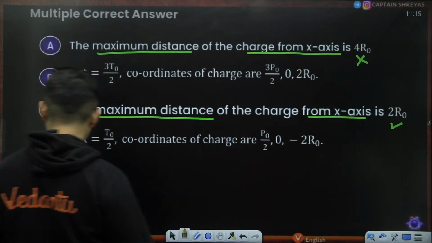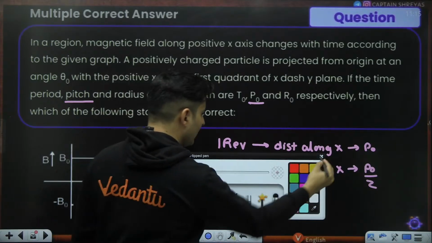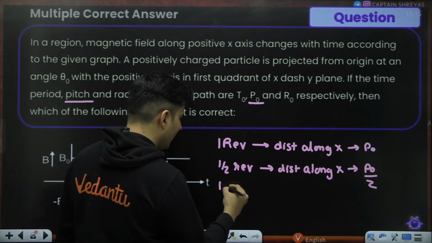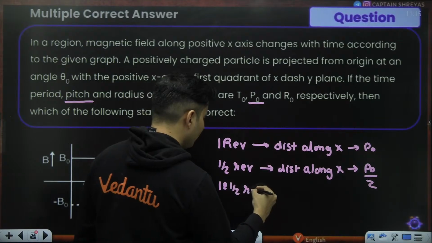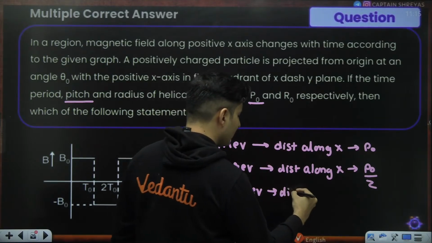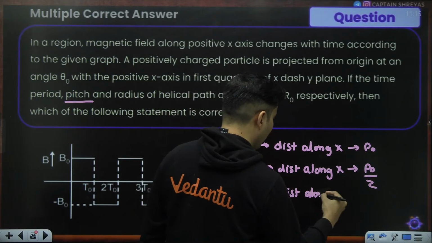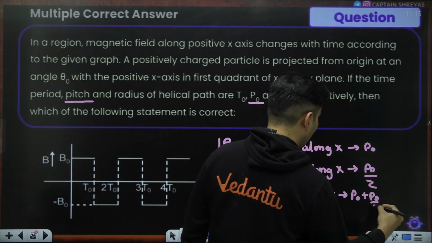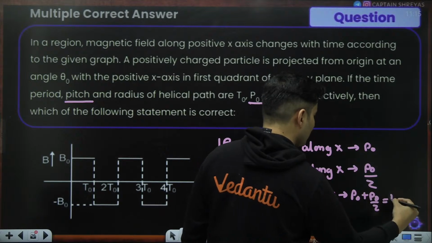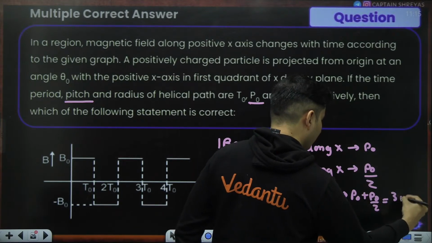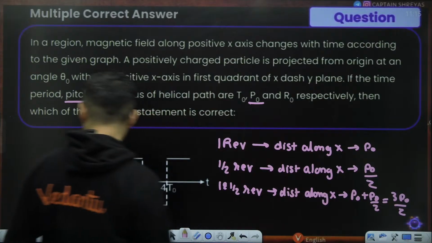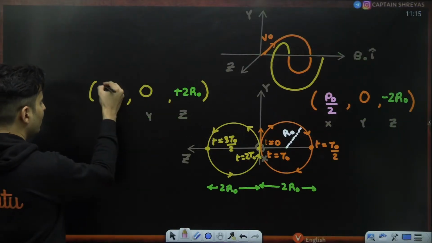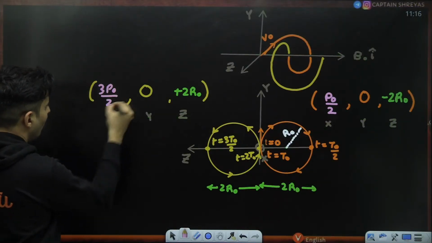So essentially, I can say that in 1.5 revolution, the distance which it moves along the x-axis will be P0 plus P0 by 2. 1.5 means 1.5. So it will be nothing but 3 P0 by 2. So hence, this particular answer will be 3 P0 divided by 2.